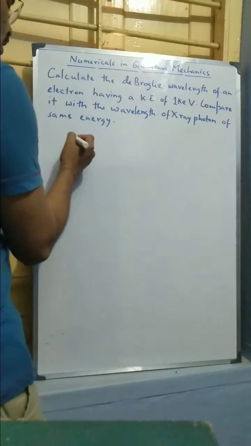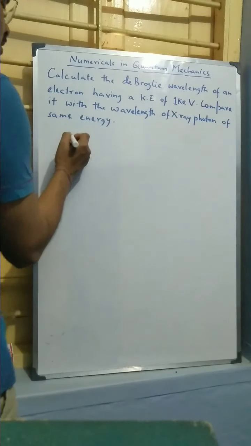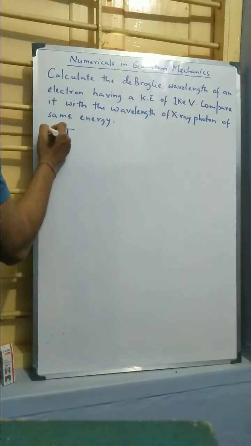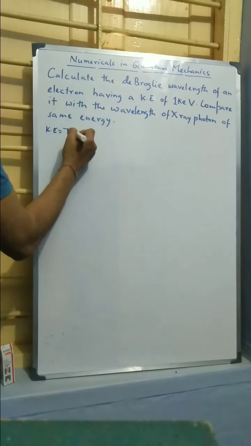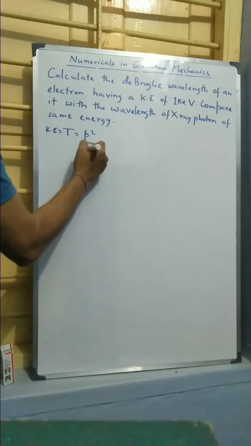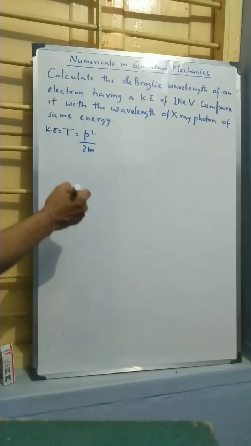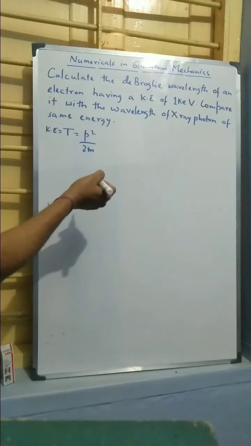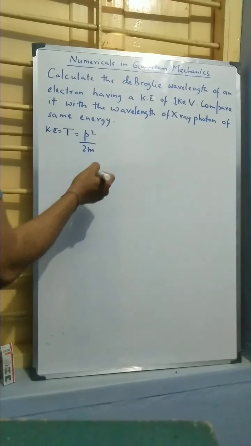So the kinetic energy T is equal to p square by 2m. Remember, we want to calculate the momentum, and from there the de Broglie wavelength.